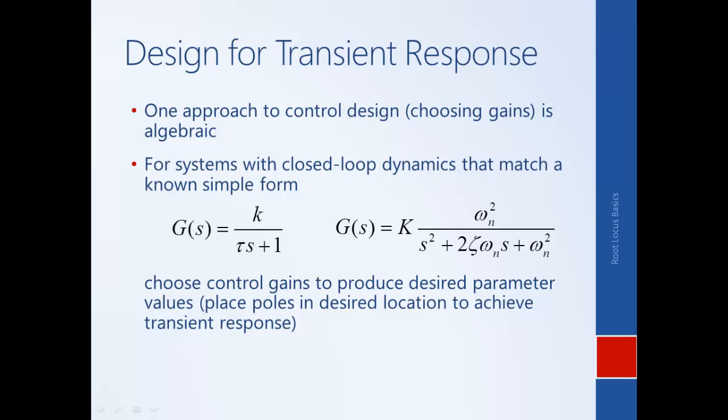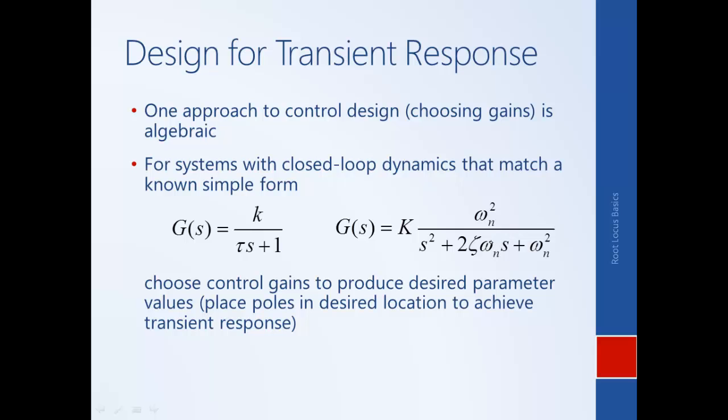For a first-order system, we precisely know what the effect of tau is on a system's response. And so if we can relate tau to a control gain, then we can solve for tau.